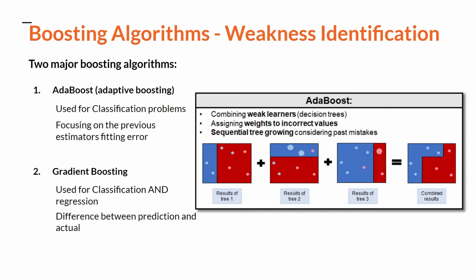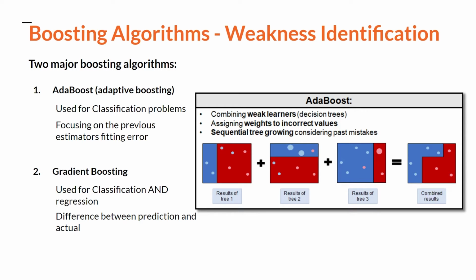We see the results of tree 1 over on the left in this image. It has drawn the decision boundary as a vertical line on the left side. It's correctly classified those 2 blue dots and incorrectly classified the 2 blue dots at the top. Now remember, it's trying to draw a decision boundary between the blue dots and the red dots.